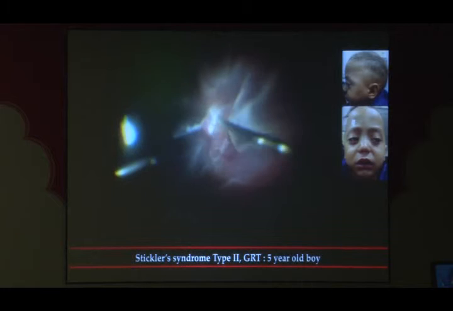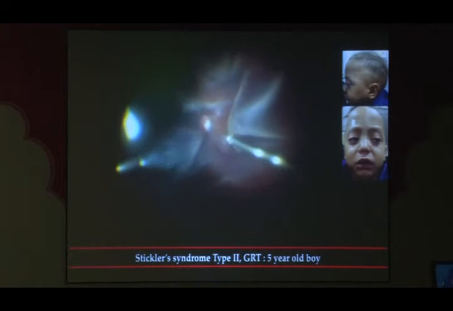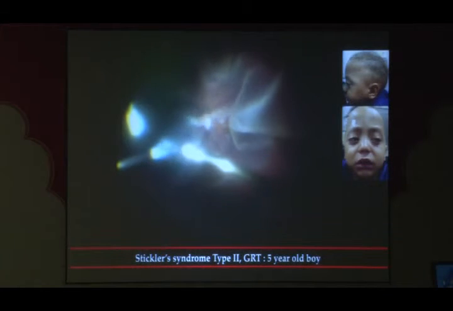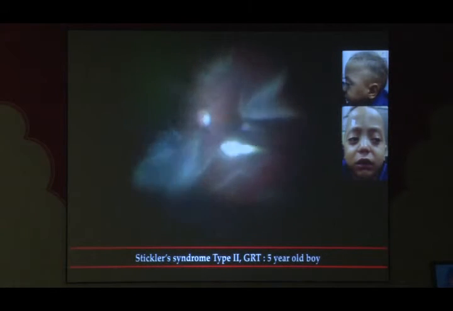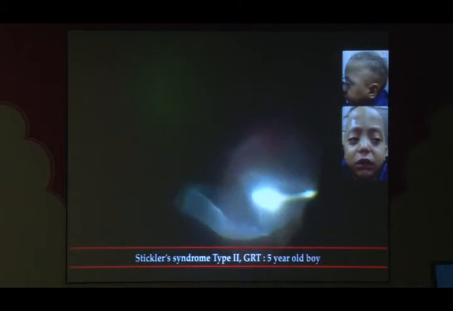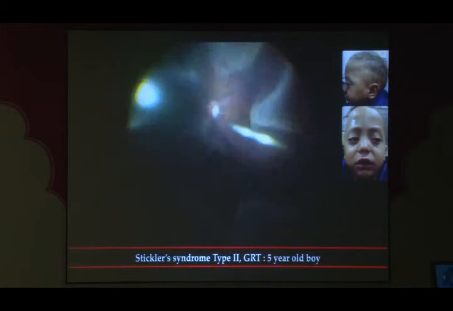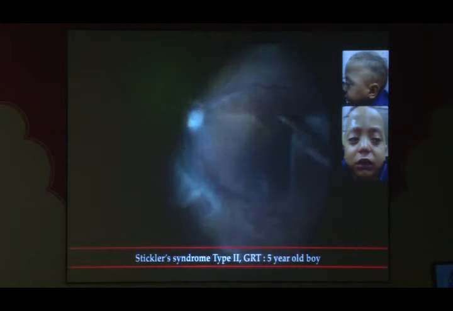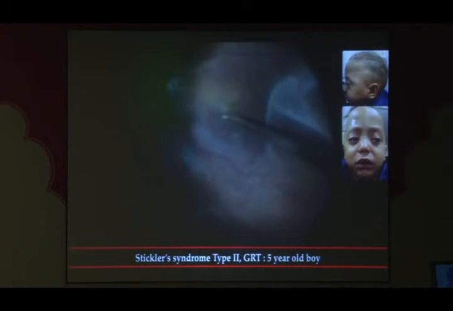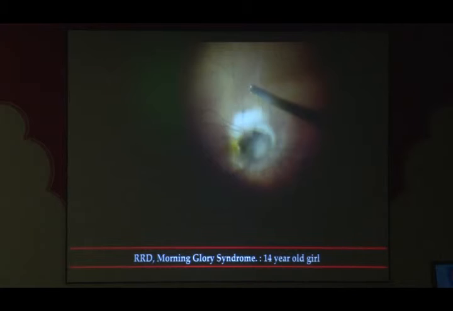Again, this is the case of type 2 Stickler syndrome, and you can see the beaded appearance of the vitreous fibrils. The posterior hyaloid was easily removed, not like the previous cases, and the internal limiting membrane was removed, and we followed the same technique.